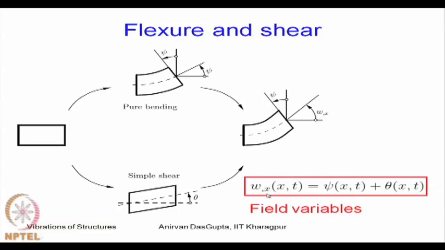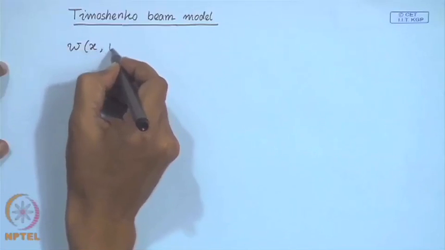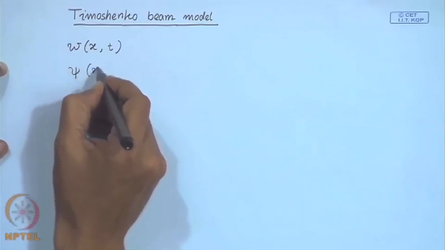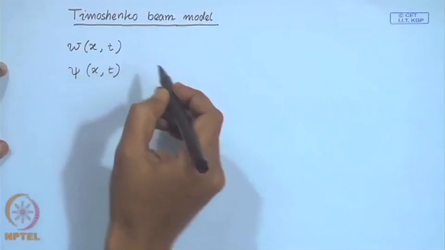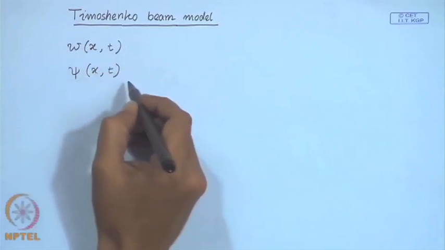So, what we will do is we will choose w and psi as our field variables. This is the transverse deflection and this is the flexure angle.